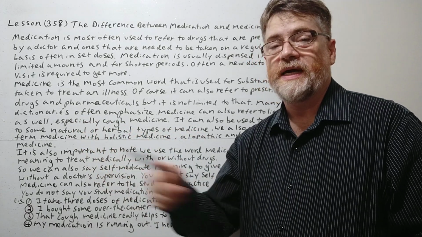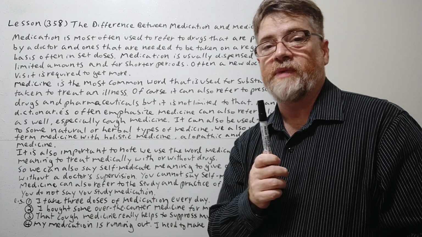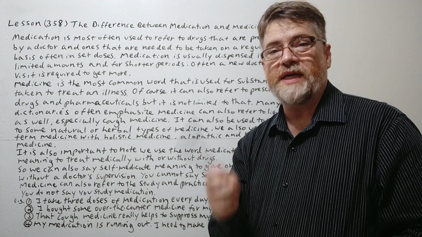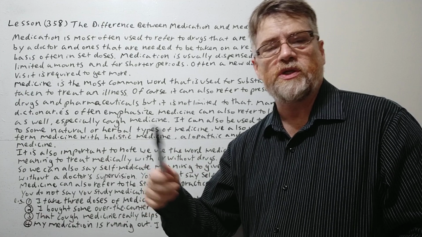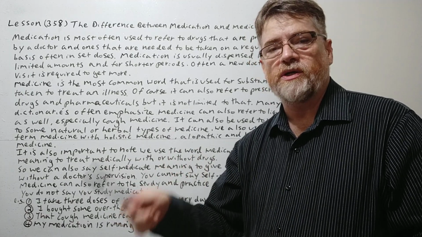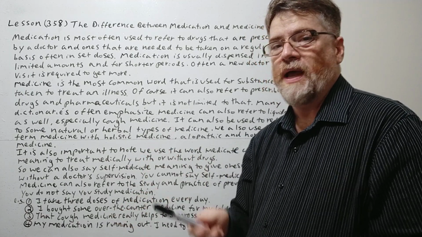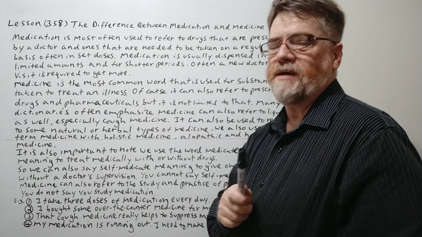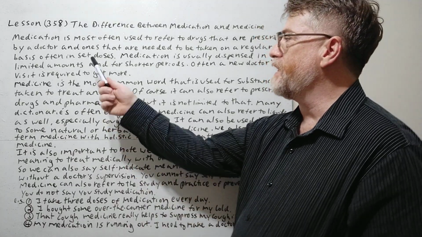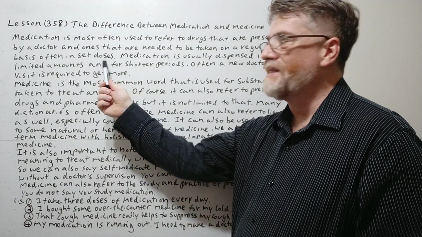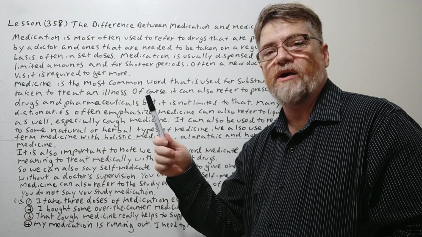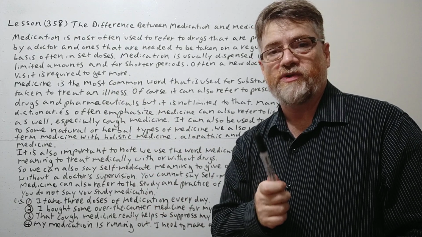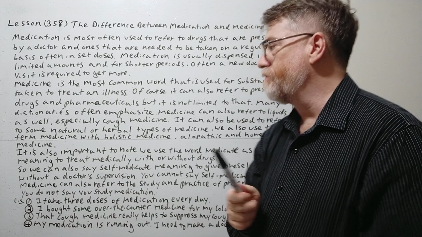So an average person might be able to use either one, but a regular person uses the word medicine more. The doctor uses the word medication more. But if you're taking the medicine regularly, like I said, in set doses, and you're taking it often, you might really start to refer to it as your medication.